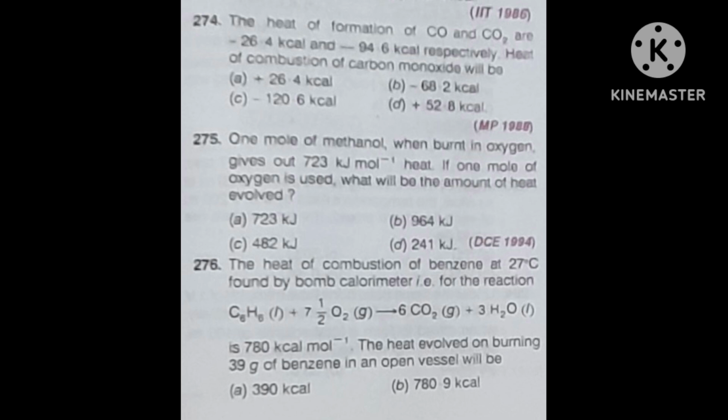Here in the balanced equation you can see 1 mole of methanol is giving 723 kilojoule. Correct? Now how many oxygen is required here? Then 3 by 2 oxygen is required. So you get 723 kilojoule heat by use of 3 by 2 mole of oxygen, means 1.5 mole.